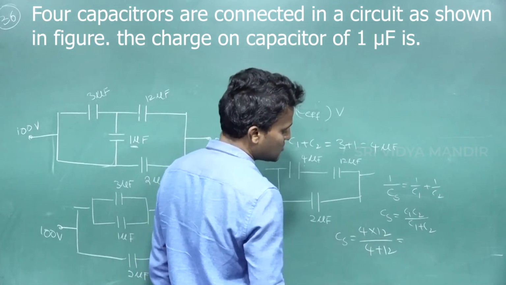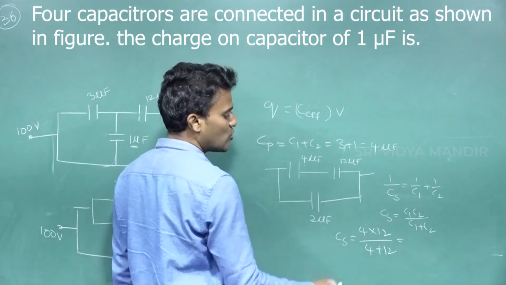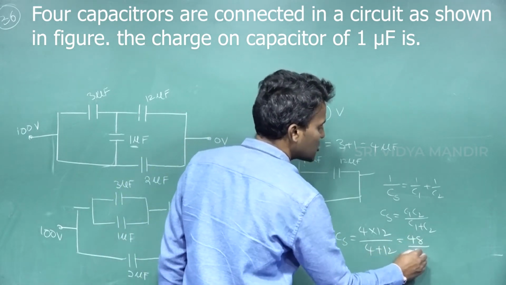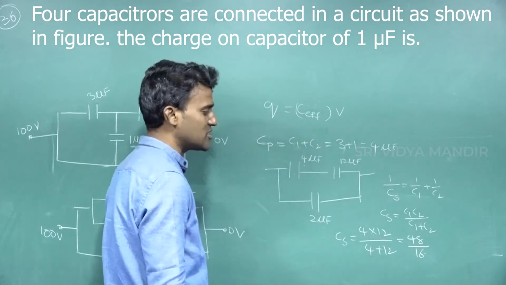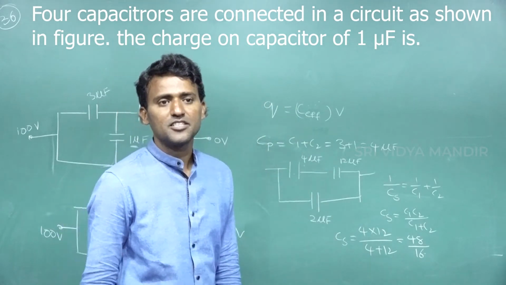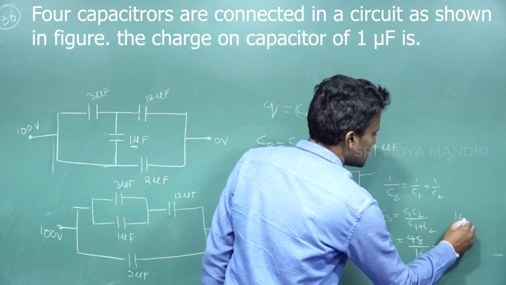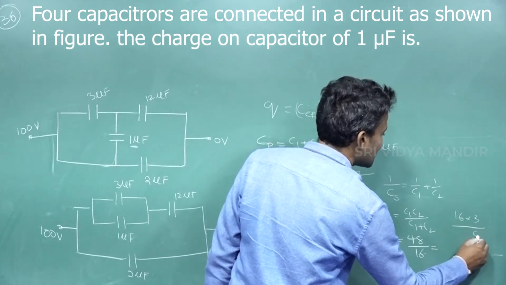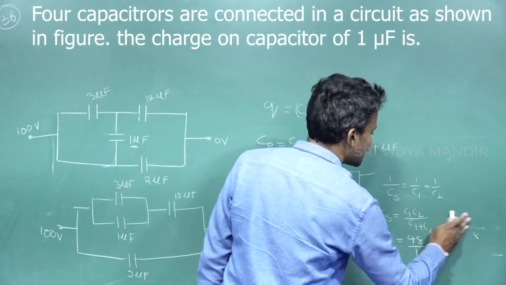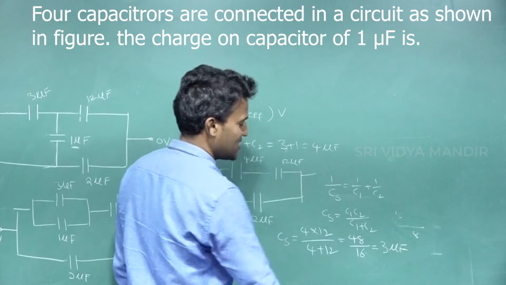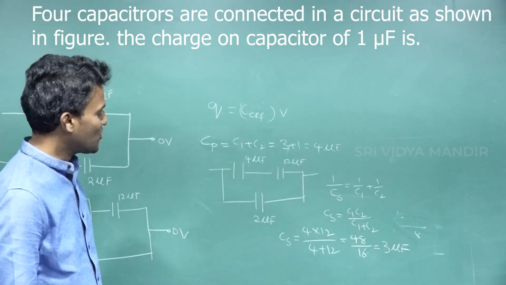If you calculate this, 12 into 4 is 48, divided by 16. 16 threes are 48, so Cs is equal to 3 microfarad.